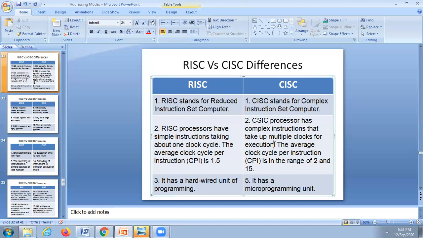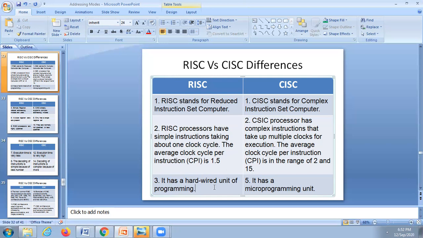Why are the T states much more? Because multiple machine cycles are required for a particular instruction. The T states for a CISC instruction will be more, and the T states required for a RISC instruction will be less. That's the meaning of this.